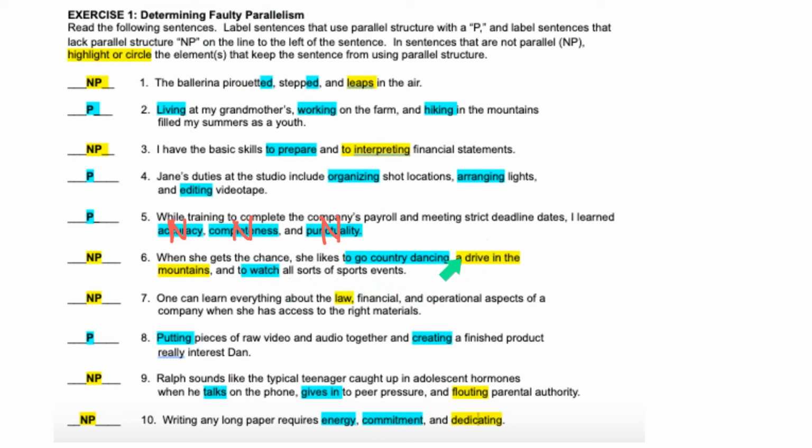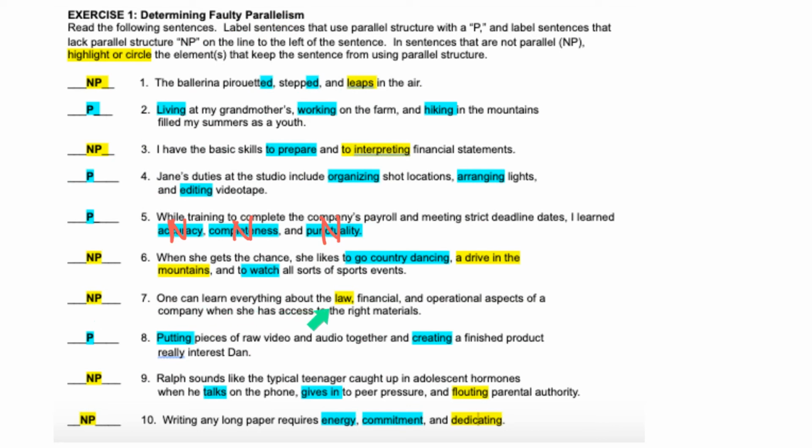But the second of the things that she likes to do is simply listed as a noun phrase, not an infinitive phrase, but just a thing, a drive in the mountains. If, for example, it said to drive in the mountains, it would achieve parallelism. So sometimes it's just a quick fix of changing the form of the wording to achieve that smooth, clear, and consistent wording.